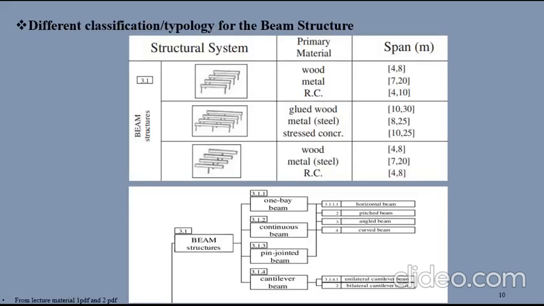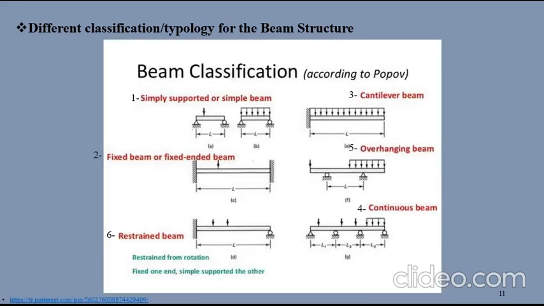Here we have the different classification typology of the beam structure. We have simply supported or simple beam, fixed beam, cantilever beam, overhanging beam, continuous beam, and restrained beam.